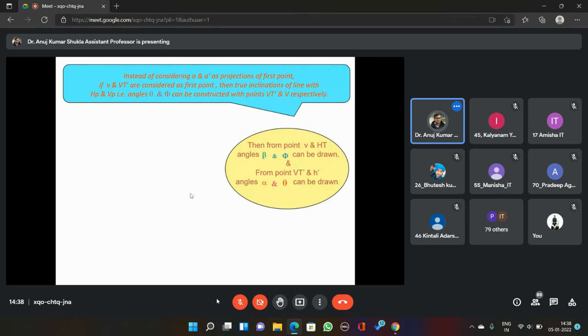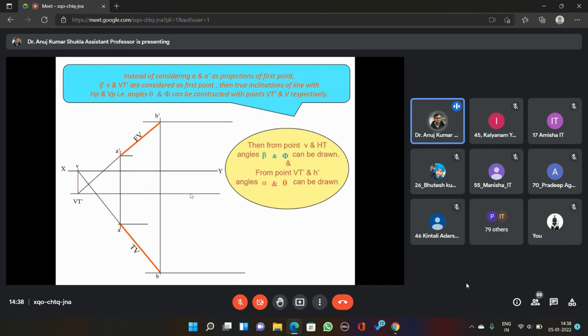You are starting with VT and ST as the considered points. Then the true inclination of the line with HP and VP, that is angle theta and phi, can be constructed with VT prime and V respectively. Then from the points V and ST, angles beta and phi can be drawn. That is, from the points VT and S prime, angles alpha and theta can be drawn. So you can draw the angle.